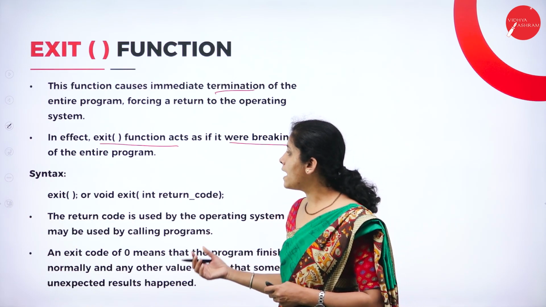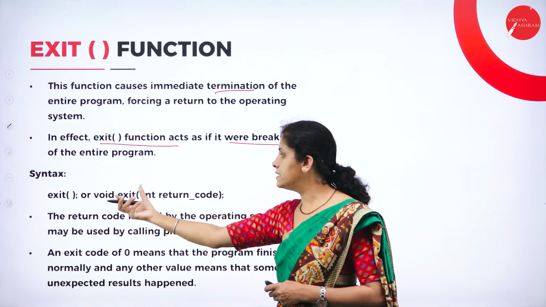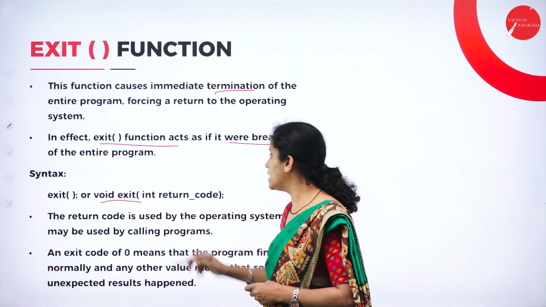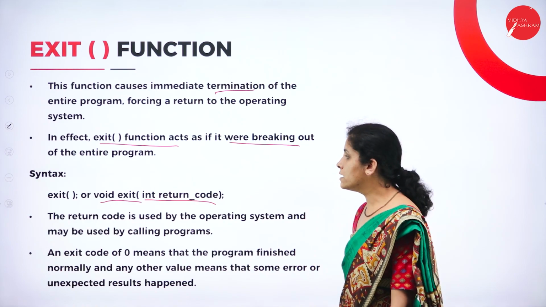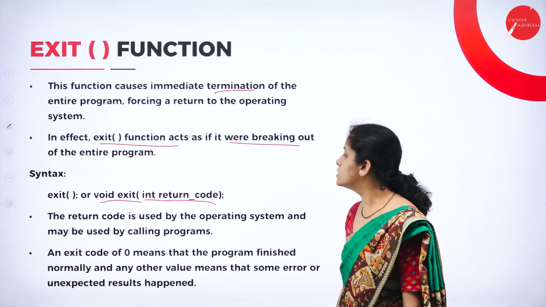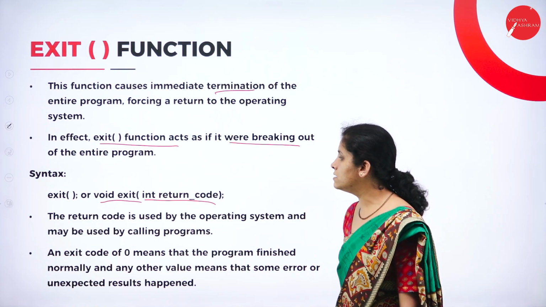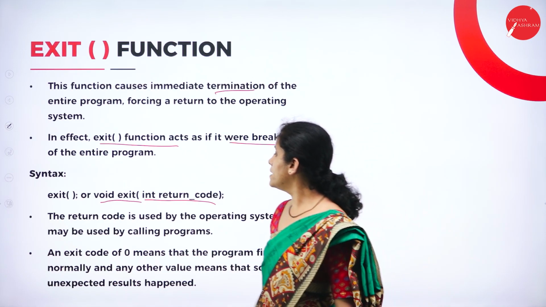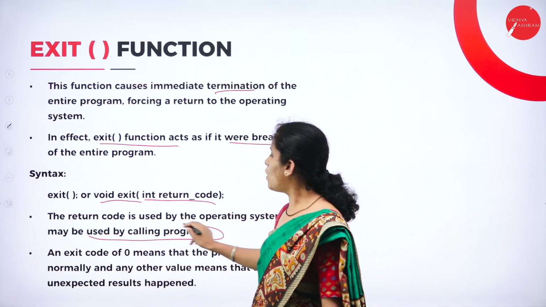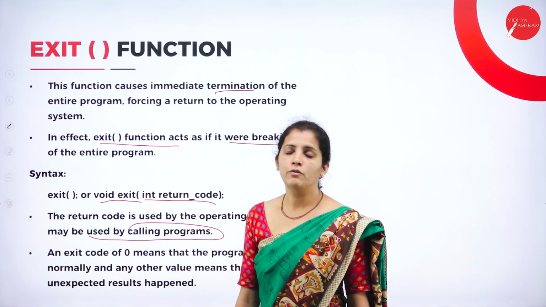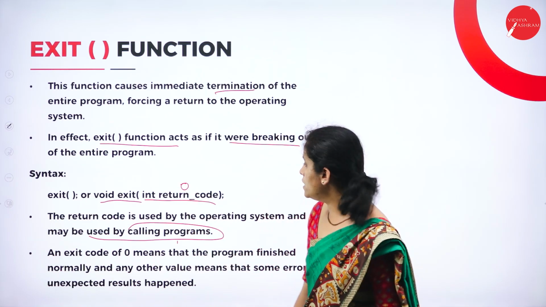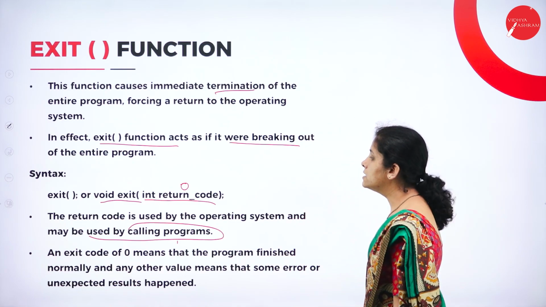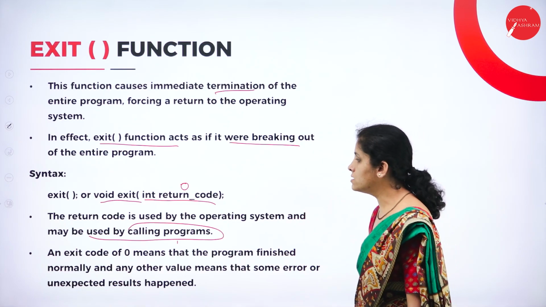And I'm going to have the syntax void exit, and I'm going to return the code. The returned code is used by the operating system, and that may be used by the calling program. For example, if I'm going to return any value, then it is used by the operating system.